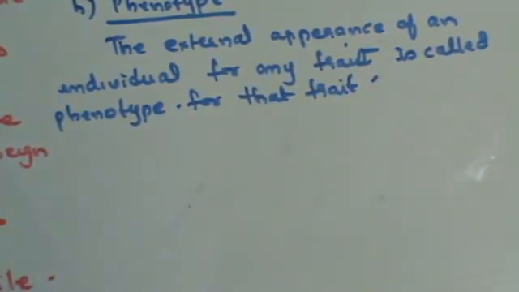I have a chromosome and it is expressing itself physically, it is expressing itself externally on the body of the individual, then that is called the phenotype, right?